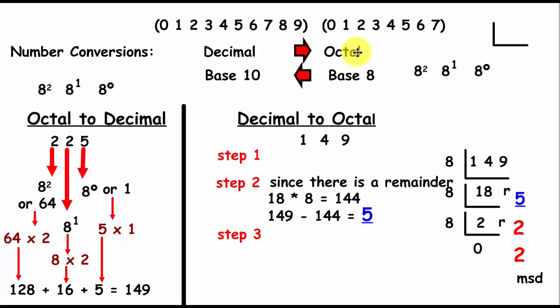Octal is base 8, which means we have 8 numbers, but it only goes up to the number 7. And base 10 has 10 numbers, but it only goes up to the number 9.